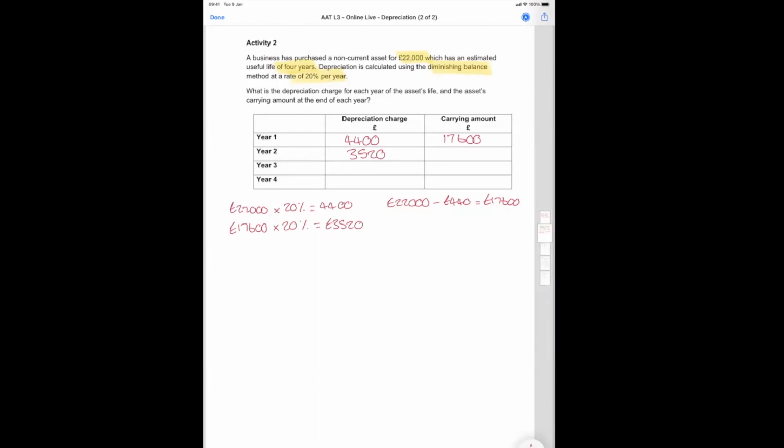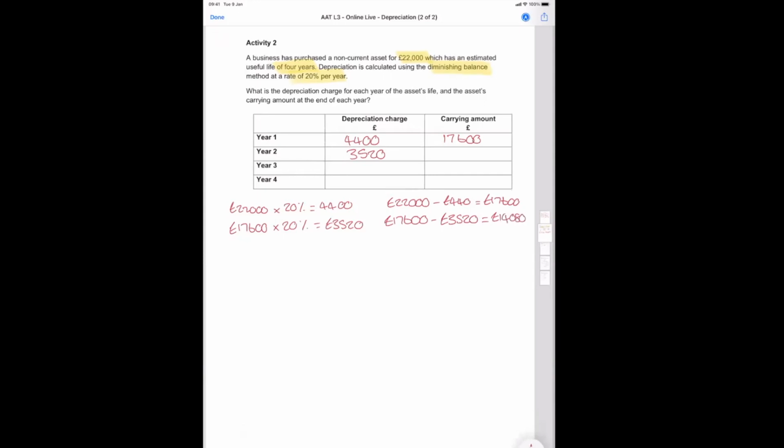Our carrying amount then becomes 17,600 minus the depreciation charge for that year, which should give us 14, let me just undo that, 14,080.